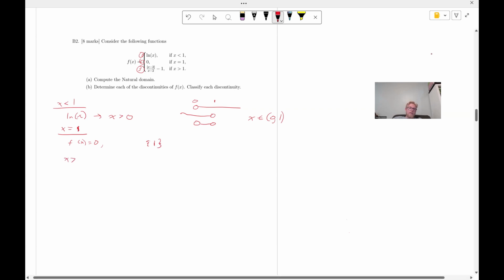And for x greater than 1, I have the absolute value of x minus 2 over x minus 2, minus 1. Here the 1 over x minus 2 implies that x cannot equal 2.